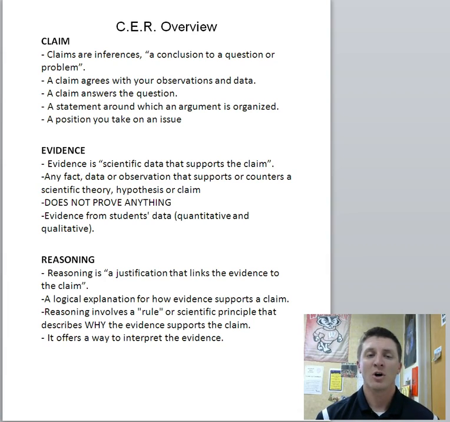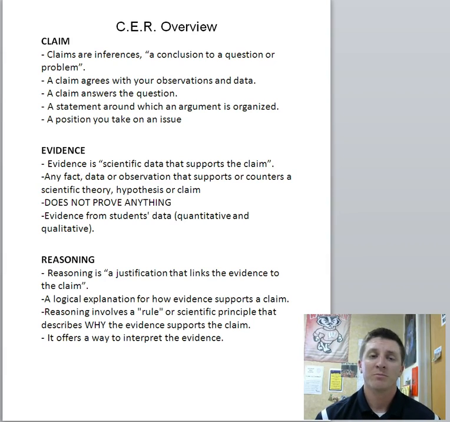We make conclusions all the time in science, and what we say is backed and supported by evidence and reasoning. So when you write in science class, we're going to be looking for this type of format, claims, evidence, and reasoning, when you write an evidence-based response or lab conclusion.